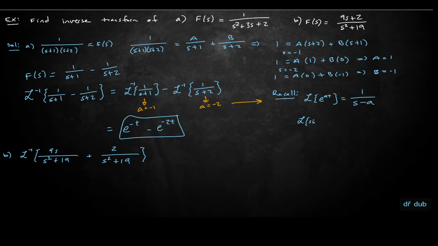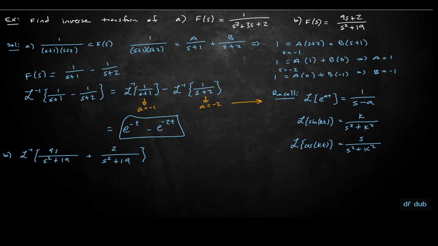Sine of kt was k over s squared plus k squared, and Laplace of cosine kt was s over s squared plus k squared. So we're going to use those two in the second part here.